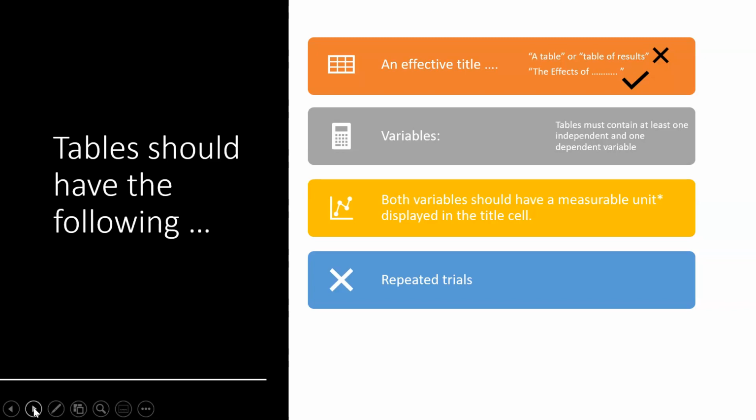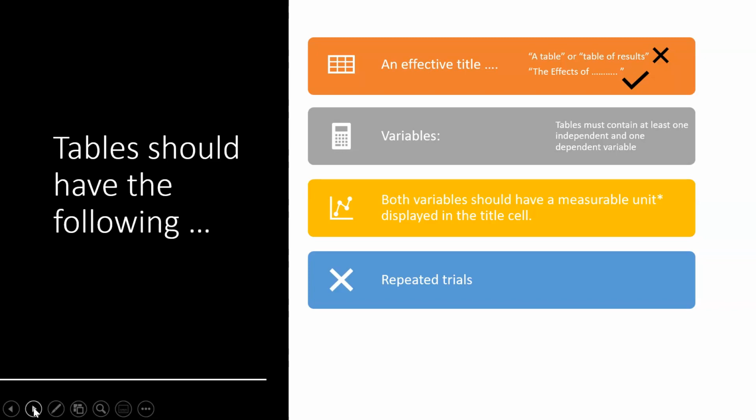Now, sometimes if you're looking at categoric data, it may not be with a measurable unit, for example, hair colour or something like that. But in most cases, you should have a measurable unit in each title cell. Remembering, units go in the title, not into the results cells. I'll explain that further in a minute.